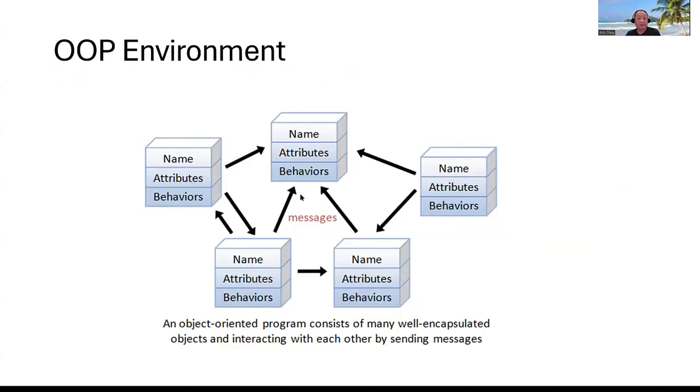You are designing objects with attributes. Attributes are data fields. Behaviors are the functions. So you have objects with different values and different functions, and each one talks to the others. It's called an object-oriented environment. Later, we'll show you how to develop a pure OOP program.